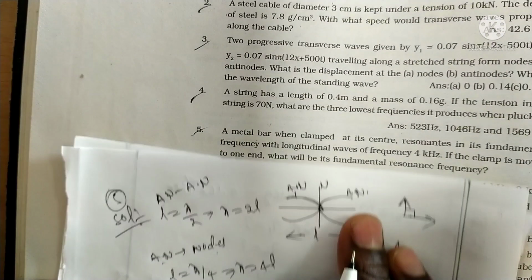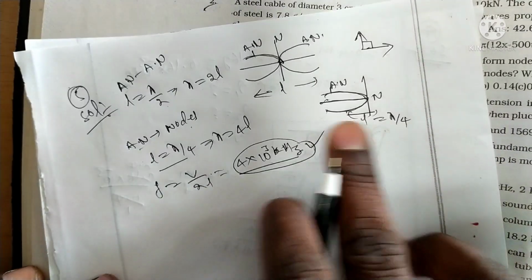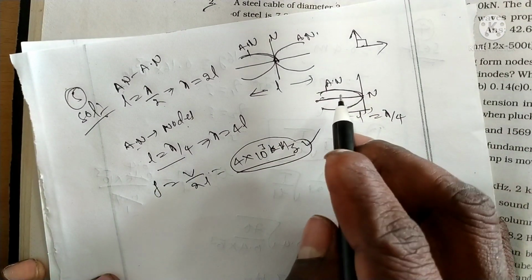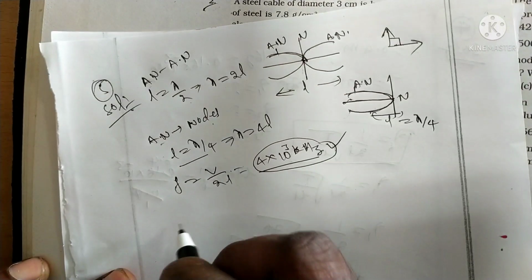Suppose at one end, the resonance frequency occurs between the antinode and node.